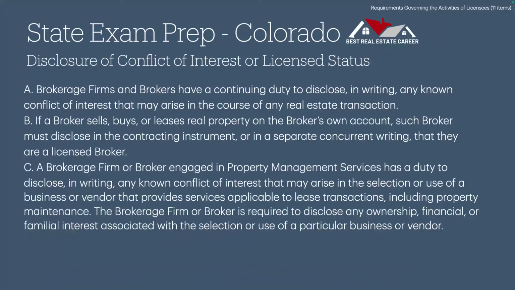Speaking of disclosure, we have disclosure of conflict of interest or license status. Brokerage firms and brokers have a continuing duty to disclose in writing any known conflict of interest that may arise in the course of any real estate transaction.